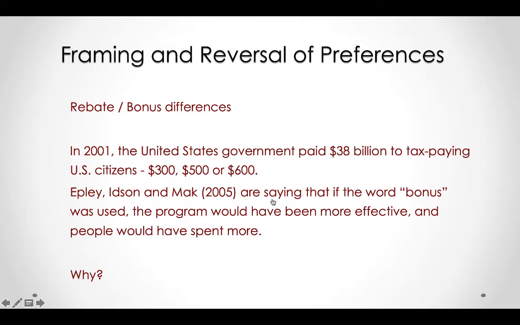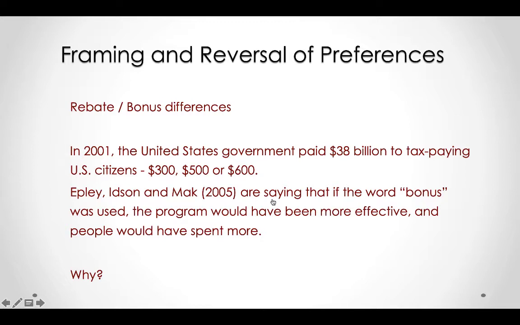The idea was that you take the money and you go out spending it and you kind of help the economy to come back. 2001 was not a recession, but a short recession.